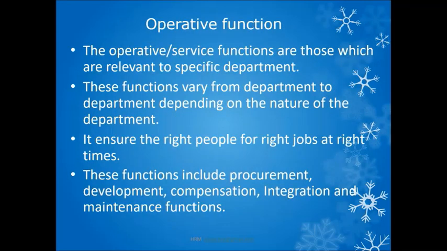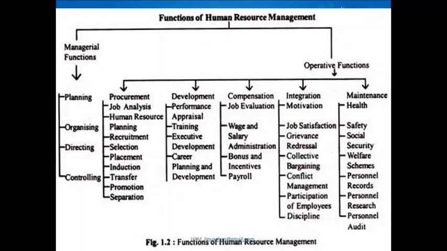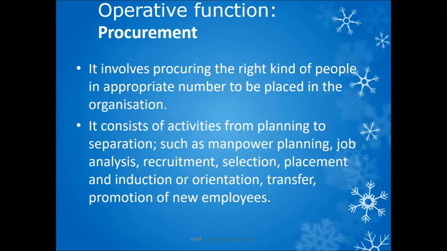Operative functions are those which are relevant to the specific department. The functions include procurement, development, etc. The diagram slide shows the various operations, that is, the functions of human resource management. Procurement involves procuring the right kind of people in appropriate number to be placed.